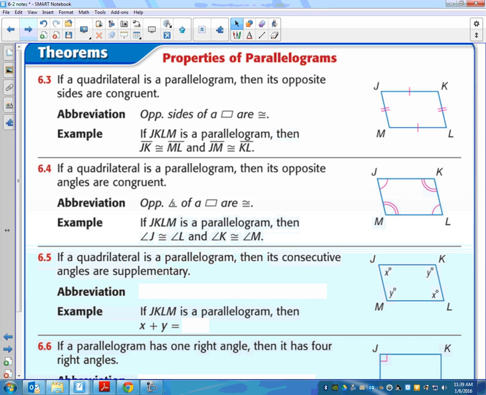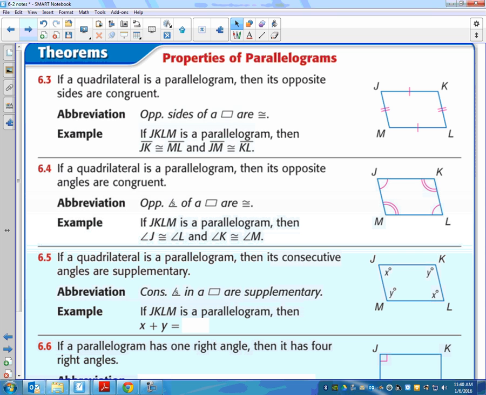Not only are opposite angles congruent in a parallelogram, but consecutive angles, that means angles right next to each other, are supplementary. So in this one, not opposite angles, all the other ones are consecutive angles, x and y, x with y, y with x.